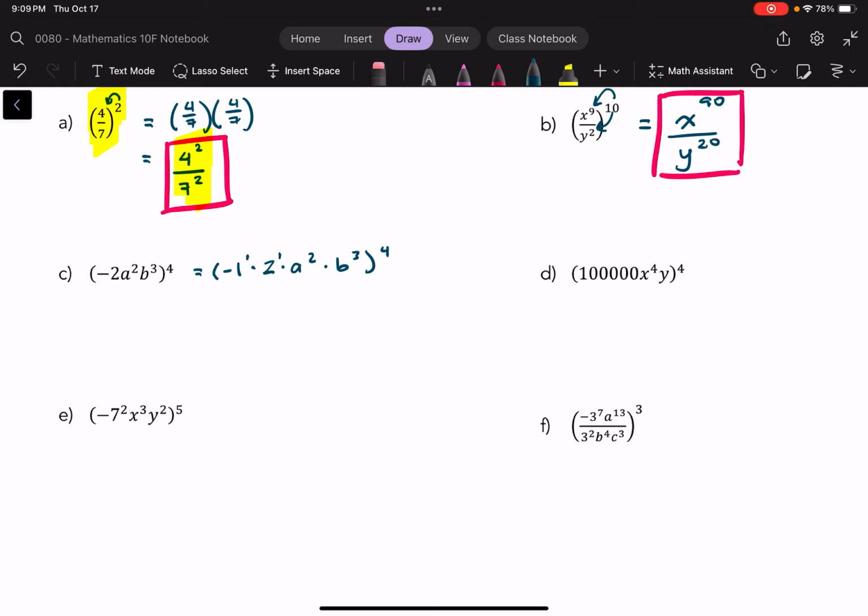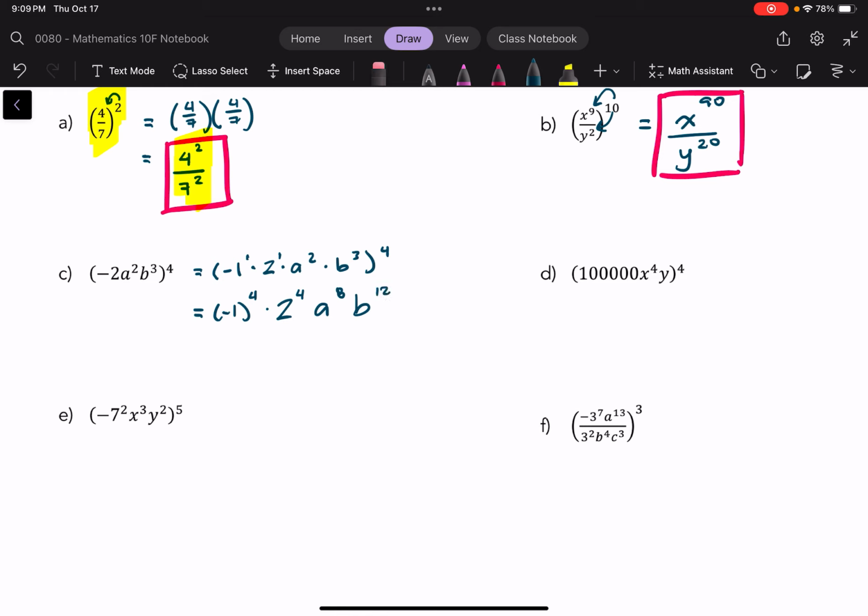So when I distribute that outer exponent of 4 to every single power inside my bracket, I know what I'm multiplying with. So here I have -1 to the power of 1 times 4, which is 4. I have 2 to the power of 1 times 4, which is 4. A to the power of 2 times 4, which is 8. And b to the power of 3 times 4, which is 12.